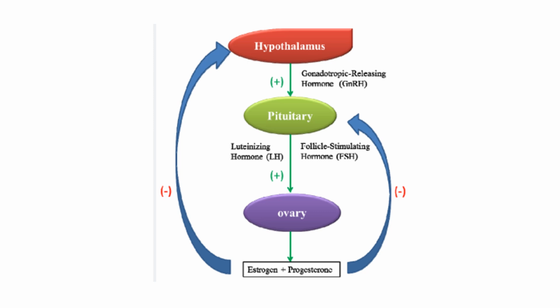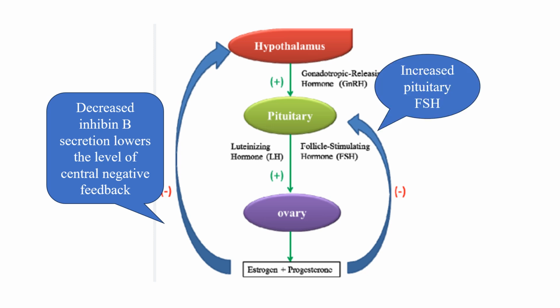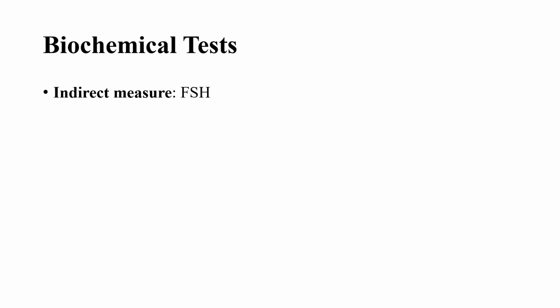So if there is a decrease in the ovarian reserve, there will be less secretion of AMH and inhibin, leading to a decrease in the negative feedback. If the negative feedback is decreased, this will lead to an increase in pituitary FSH. So this pituitary FSH is the indirect measure of the ovarian reserve.